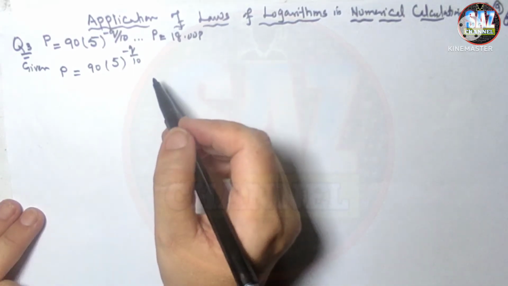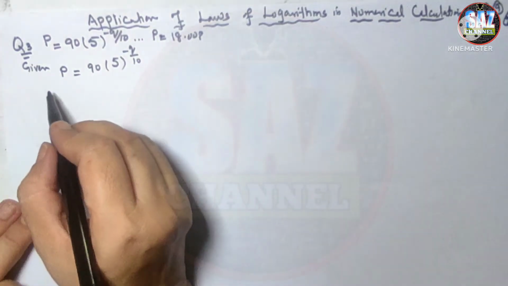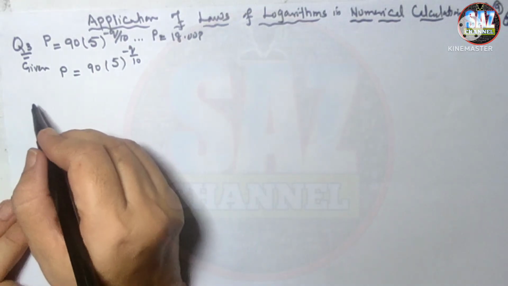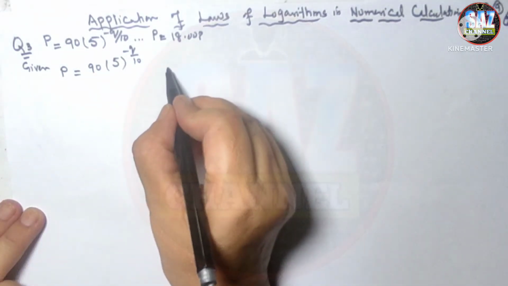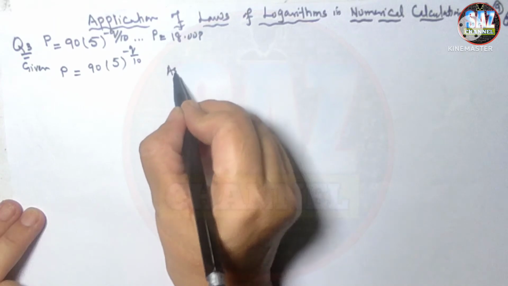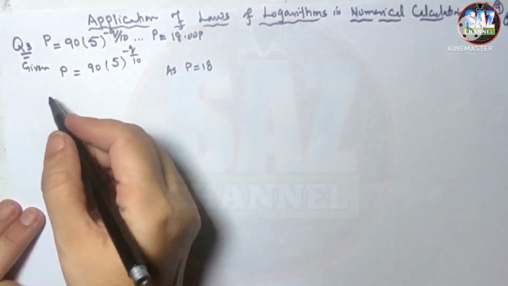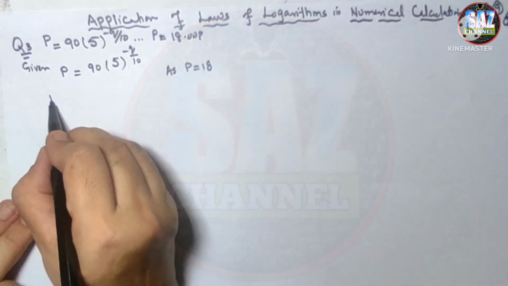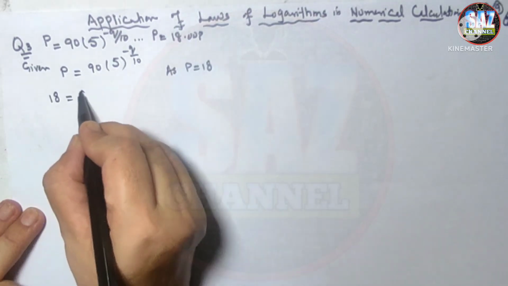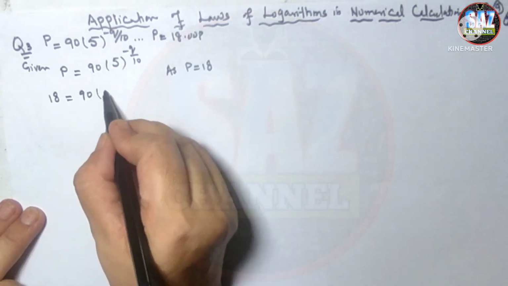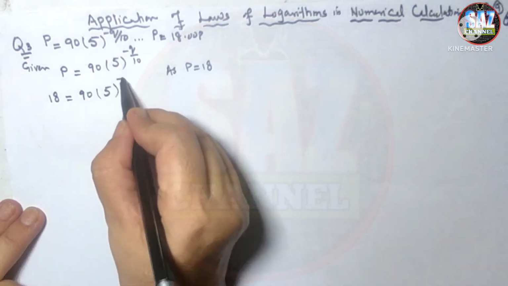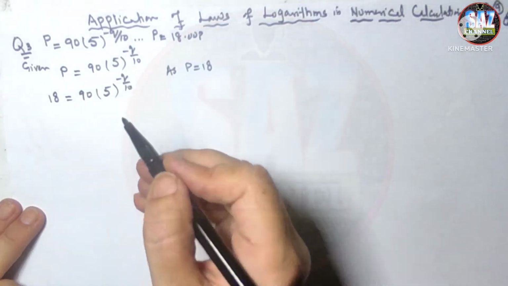So this time what we are going to do, we have to put the value in the question, as p equals to 18. So what I'm going to do is 18 equals to 90 into 5 raised to power minus q by 10. I hope this part is clear.